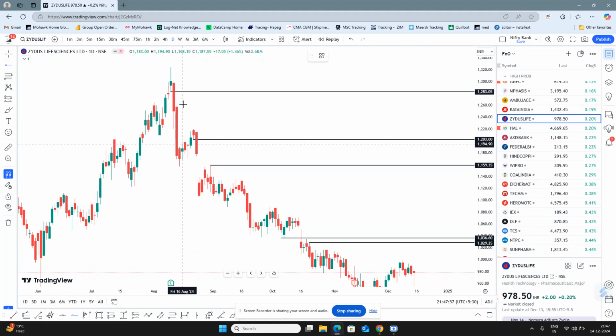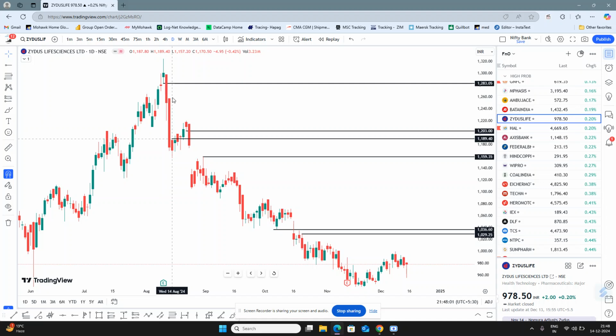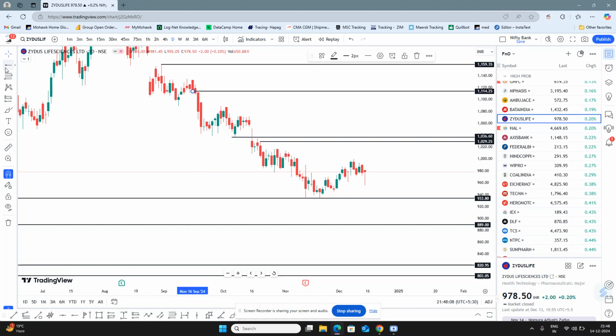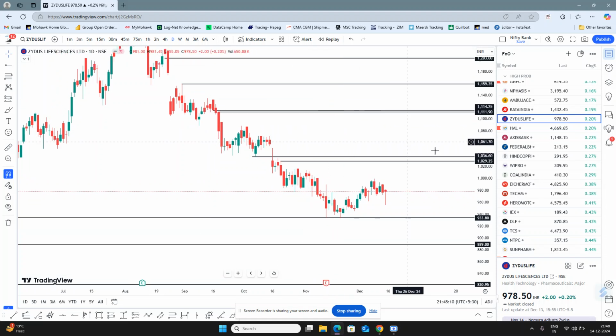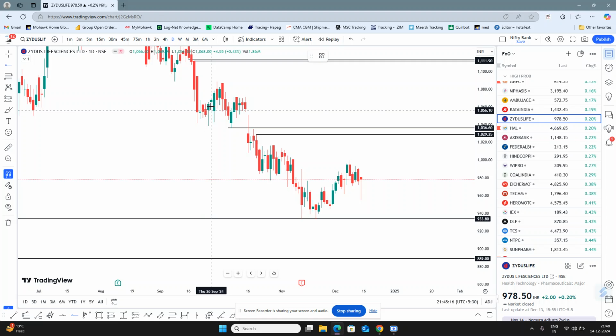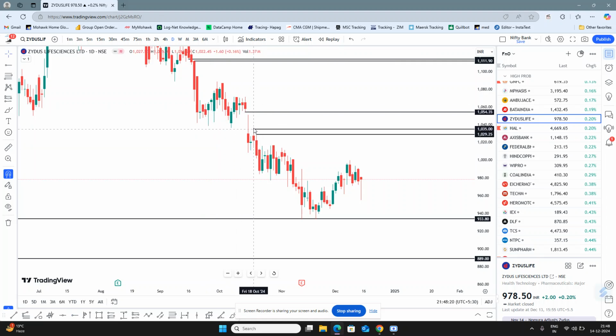This is another zone for selling. These are daily candles. See, another gap on the daily candle here. Orders are left unfilled. So this is the zone.